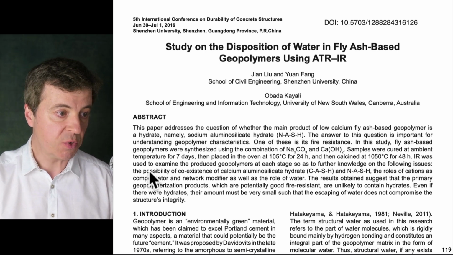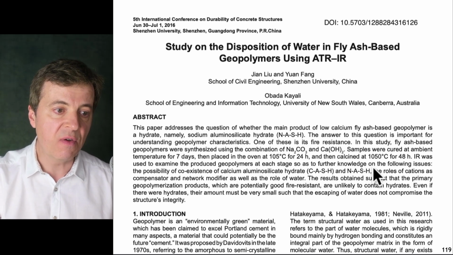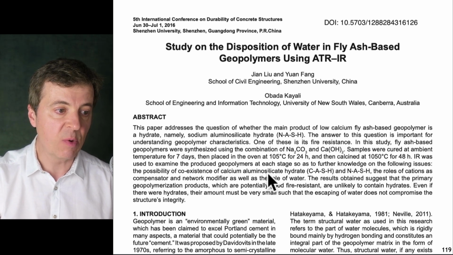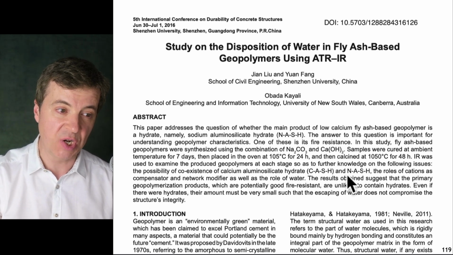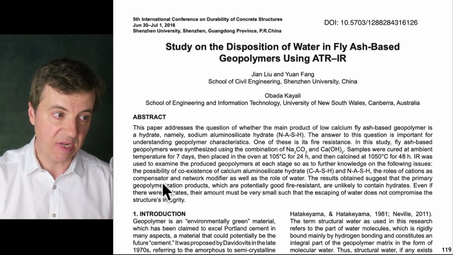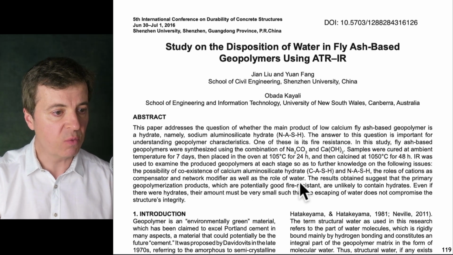Infrared was used to examine the produced geopolymers at each stage so as to further knowledge on the following issues: the possibility of coexistence of calcium aluminosilicate hydrate, KASH, and NASH, the roles of cations as compensator and network modifier, as well as the role of water.